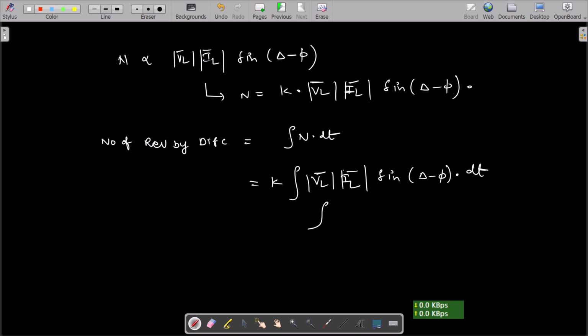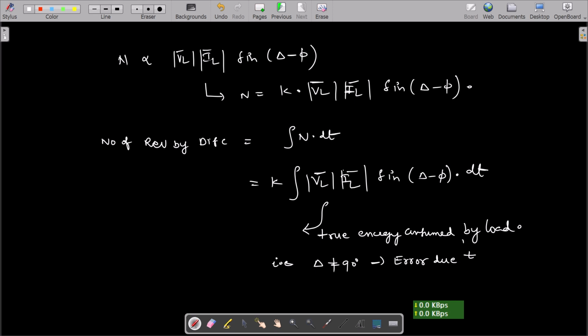This is not the true energy consumed by the load, because delta is not equal to 90 degrees. This is the error.